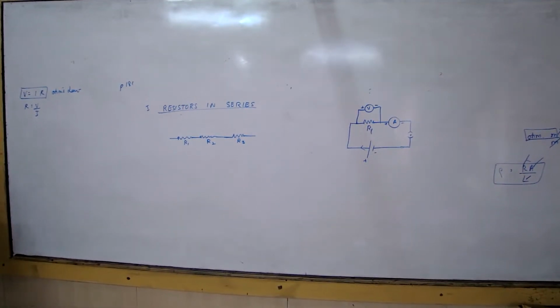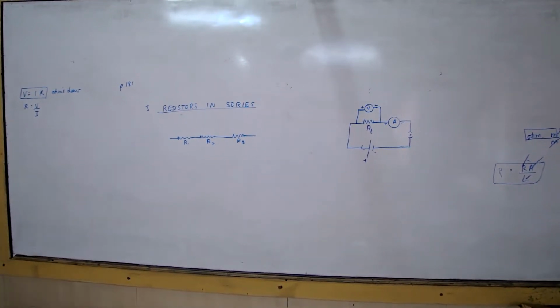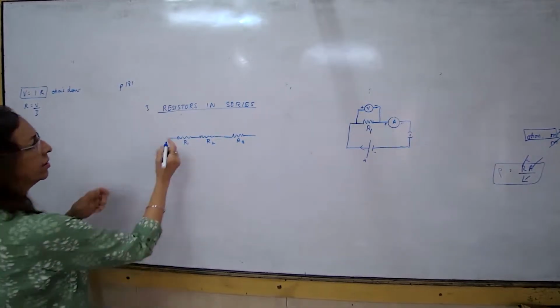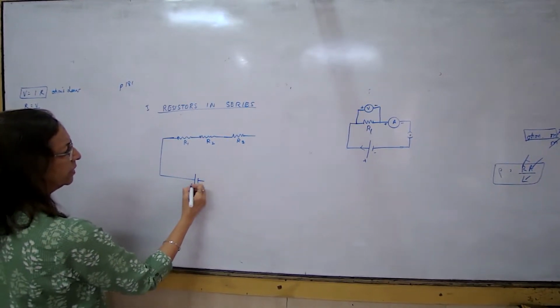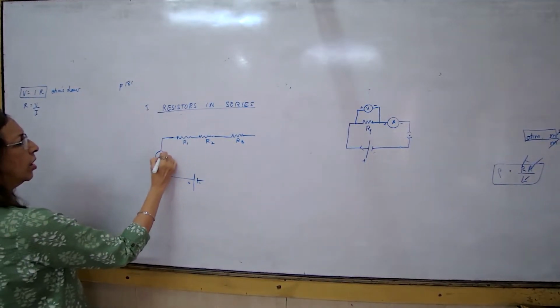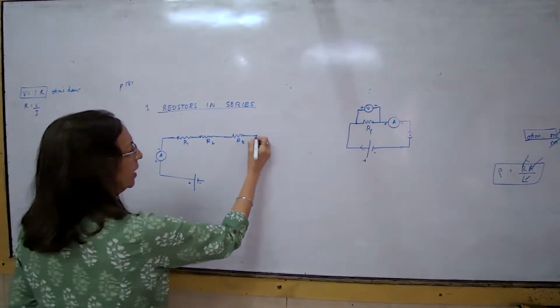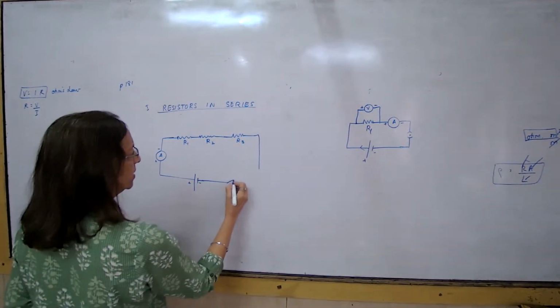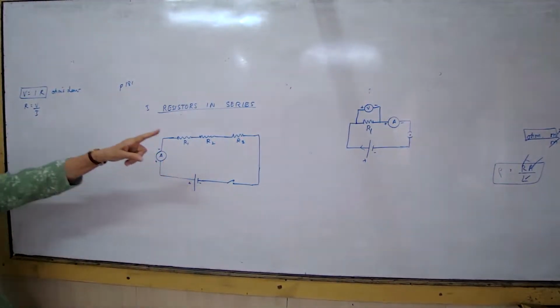Why do we say it is in series? Because they are all connected end to end, one connected to the other. The rest of the circuit will be the same: a positive and a negative, and an ammeter here or there, no problem, as long as it is in series, and of course a plug key. Is this and that one the same?